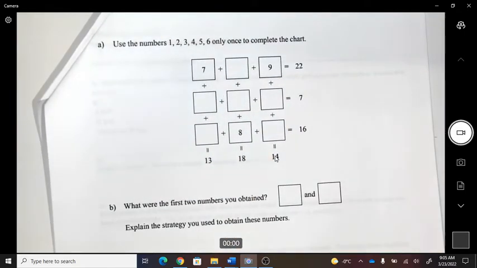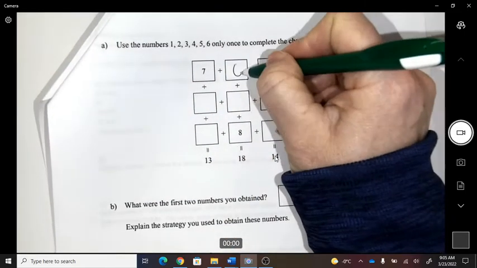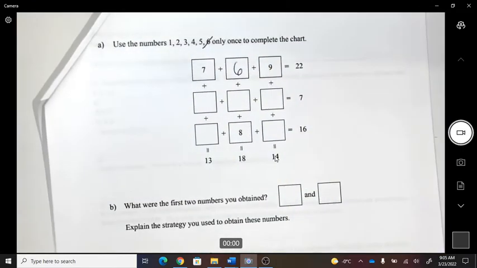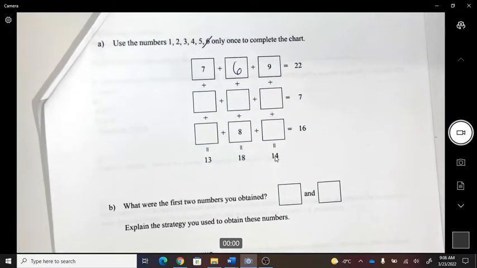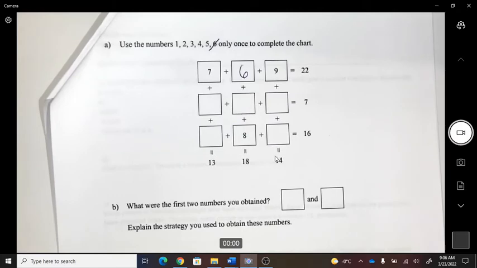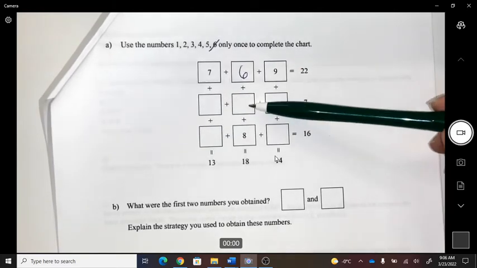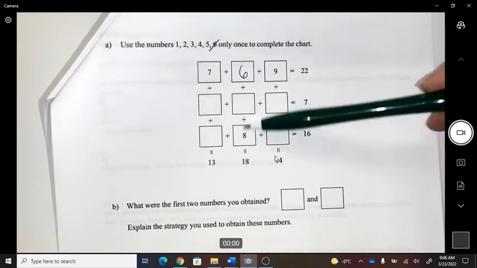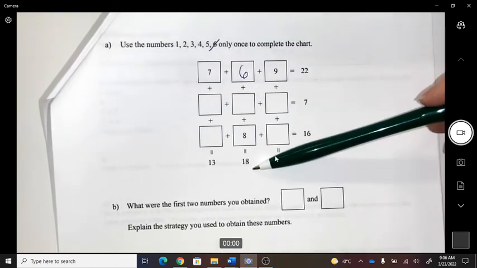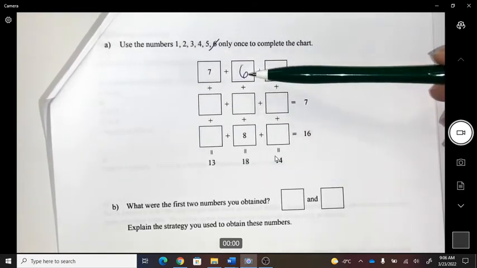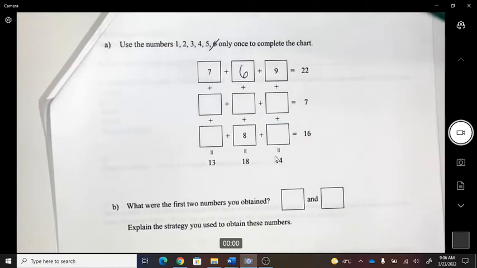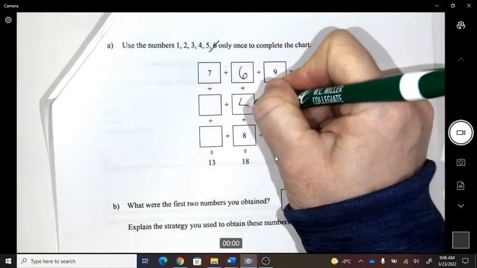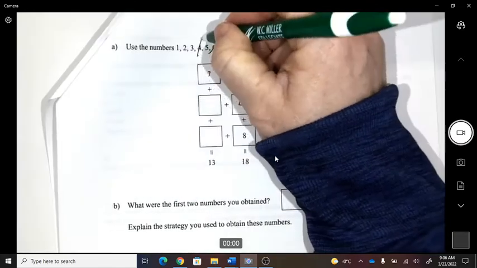Anybody know what is left there? 6. I'm going to cross off. Now where would I go? Middle, right in the middle, because go down and you need to make 18. So 6 plus 8 is 14, so I need a 4.